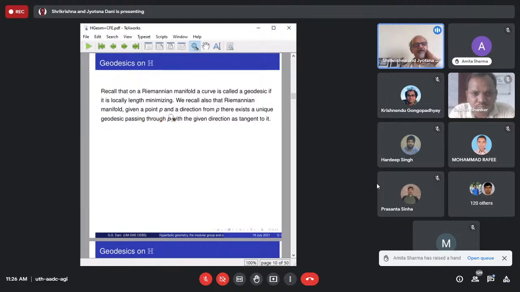So given a point P and a direction, there exists a unique geodesic passing through the given point and tangent to the given direction. Even without completeness, in any Riemannian manifold, there is a little geodesic segment of size epsilon, some epsilon, which will be a geodesic segment locally. This is a very standard fact in Riemannian geometry.